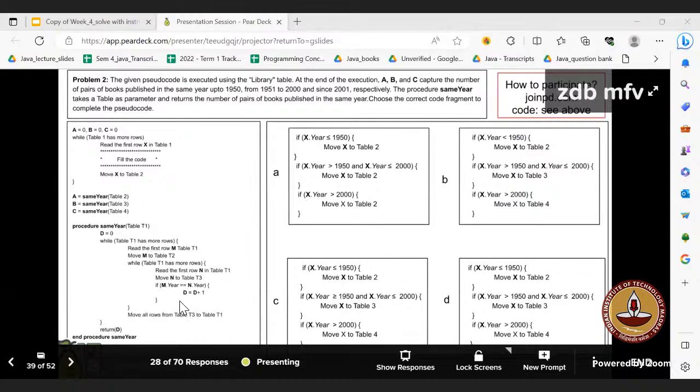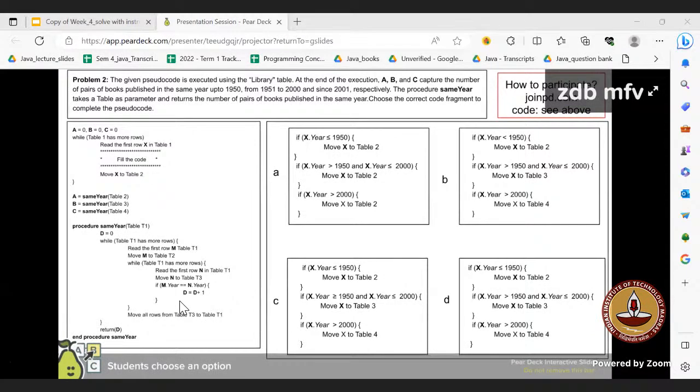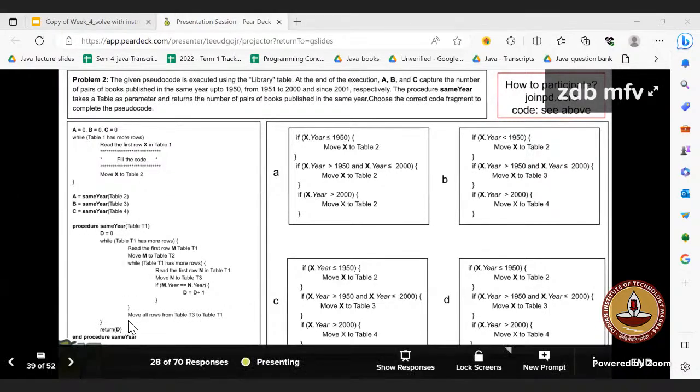Like first row is freezed. After freezing first row, you will compare each other row. That's why you want inner while loop. In the inner while loop, you will move to the different table, and all the rows from the inner while loop will be moved back to table 1. That table again, table 3 to table 1, and then you will finally return the value of d for each and every table. This is how you are finding pairs here instead of using the procedure. Is it clear for everyone?